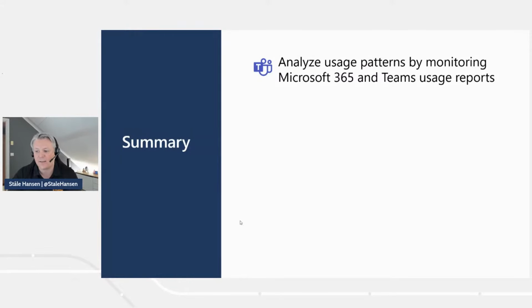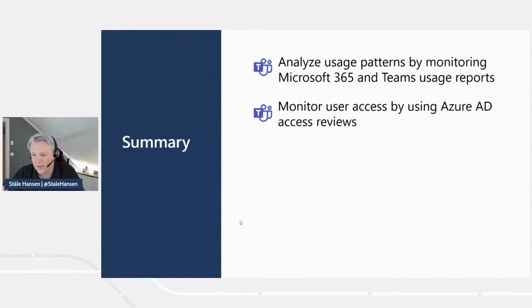We looked at how to analyze the usage patterns. So we want to look at, okay, the users are using Teams, but are the users using chat channels? Are they using calling? How much is it that they use it? What can we do through access reviews? Again, this is reporting built into Azure Active Directory, where instead of you creating customized routines, you get an integrated routine to make sure that the proper users have access to what they should have.